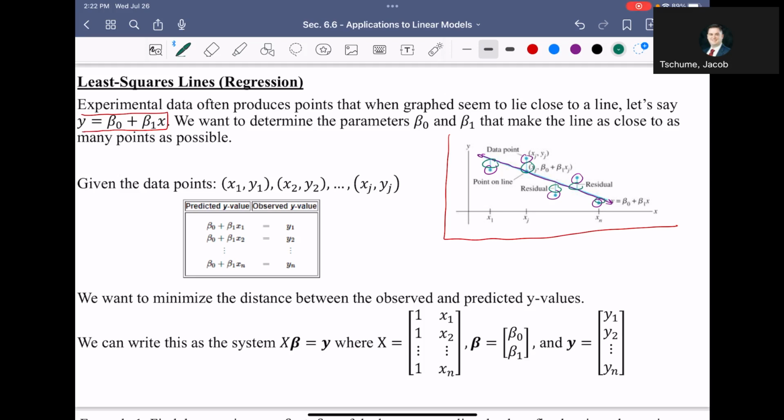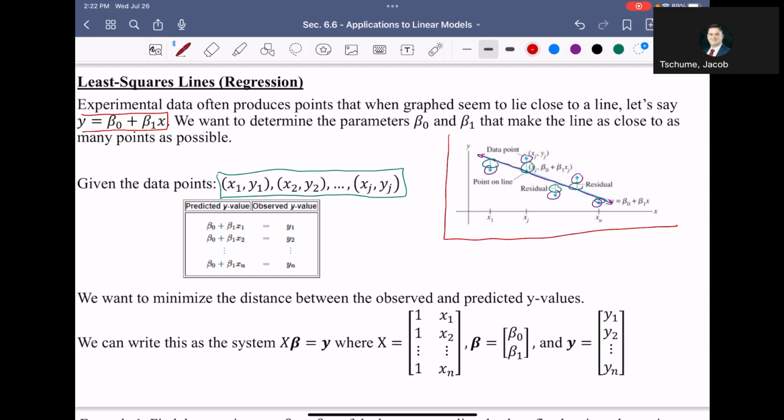So here's how we're going to do that. Let's assume that you are given whatever number of data points the problem has. Each data point is denoted as x1, y1, x2, y2, etc. What we're going to try to do is write the best line possible. We want to minimize the distance between the observed and the predicted values.